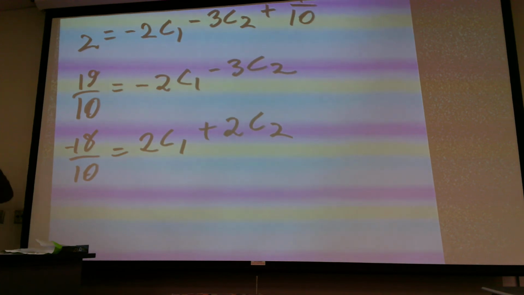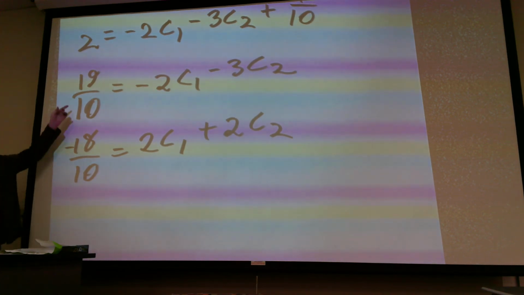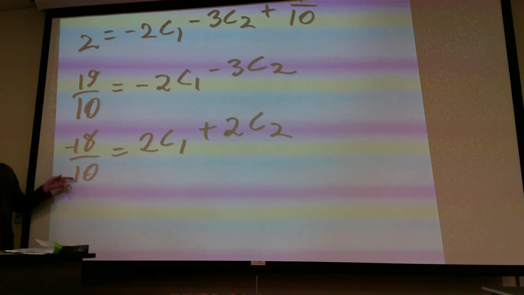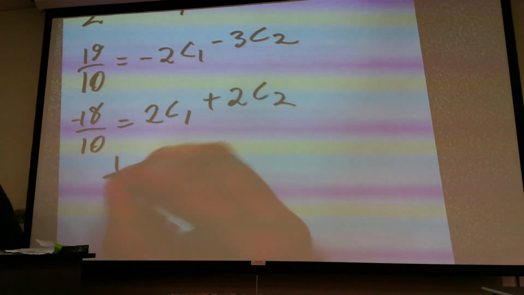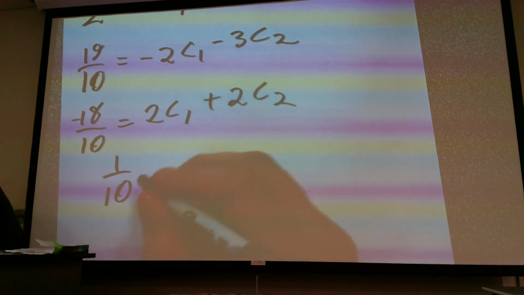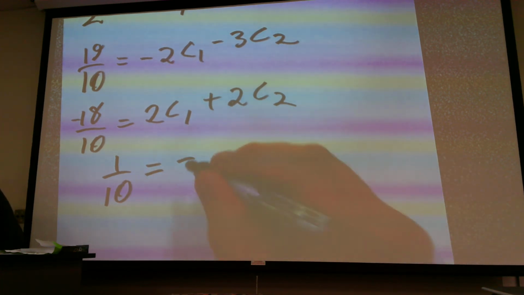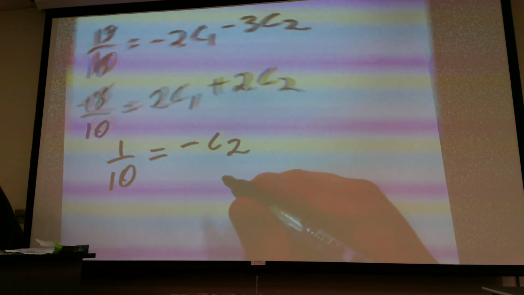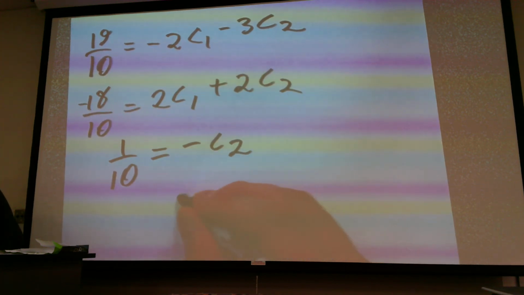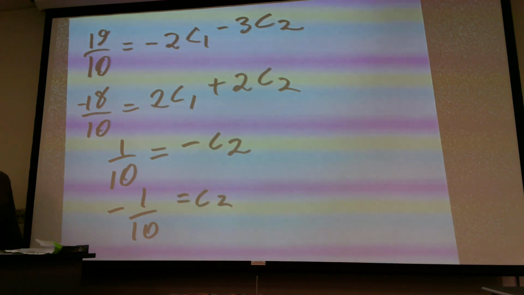Now I can add these together. So 19 over 10 and negative 18 over 10 is going to become 1 over 10. And so 1 over 10 is going to equal negative c2, where c2 is going to be negative 1 over 10.